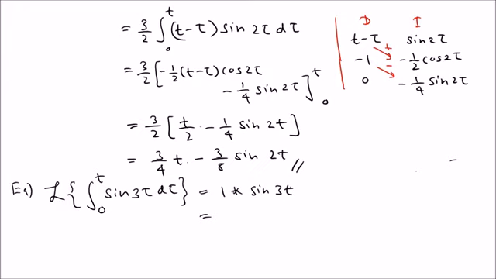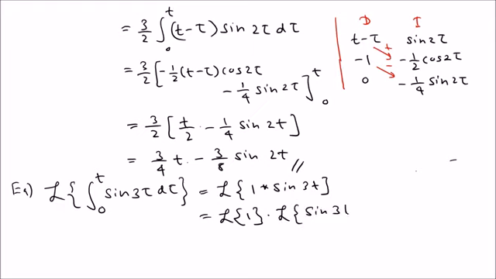So that's a convolution, and actually we do write it like that: the convolution between 1 and sine 3t. By the product, this is the Laplace transform of 1 times the Laplace transform of sine 3t.